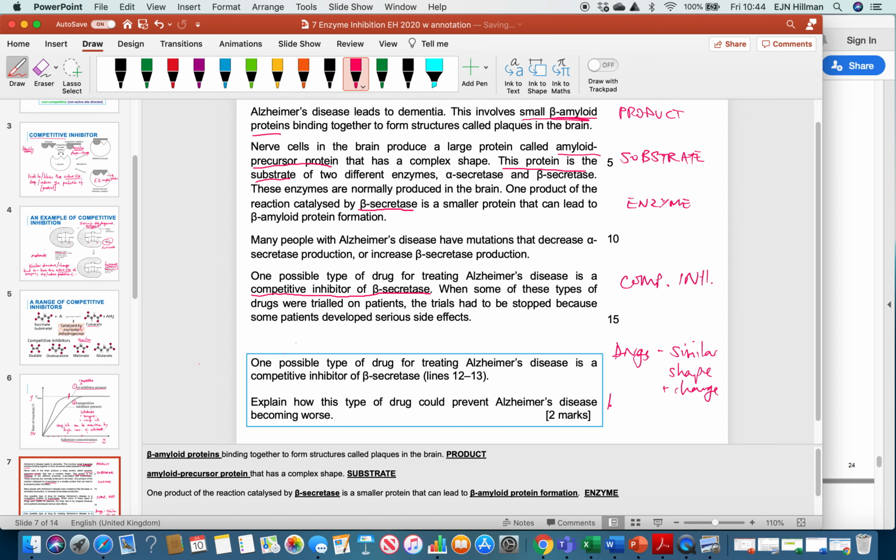They must be able to bind to the active site. Remember, it's the active site that they bind to specifically, which would prevent the formation of the product. And we know that the product that causes that Alzheimer's, from reading through here, is those beta amyloid proteins.